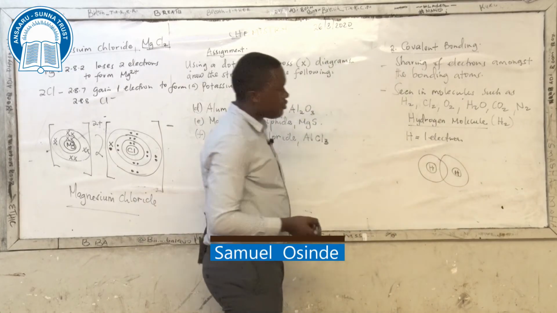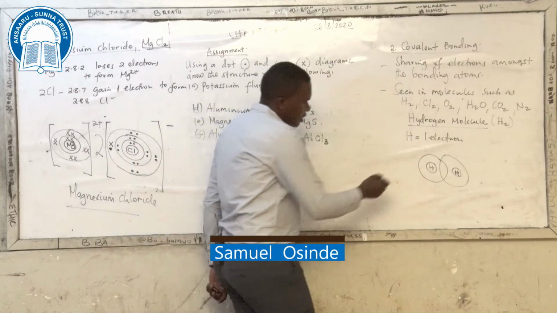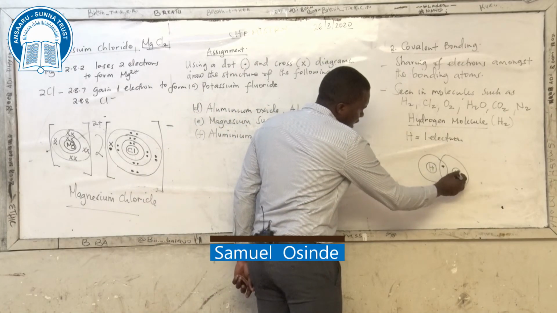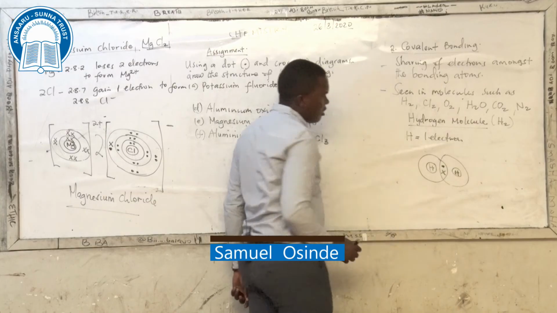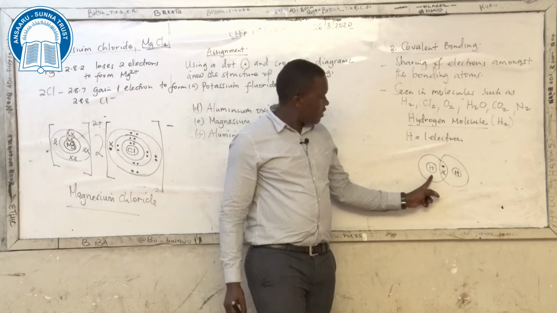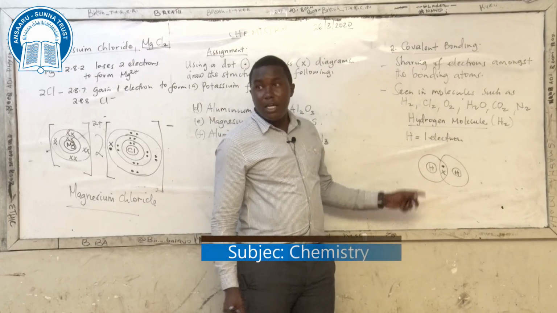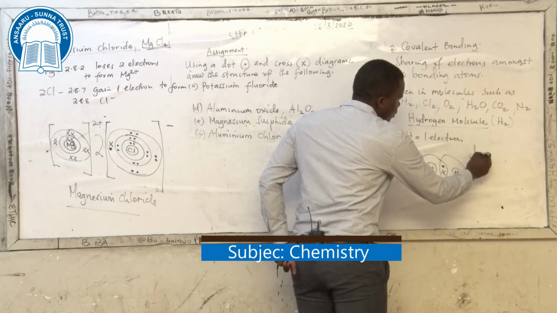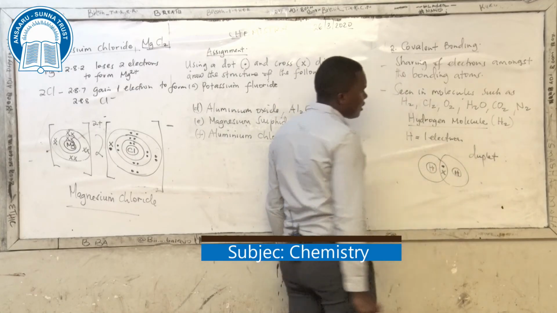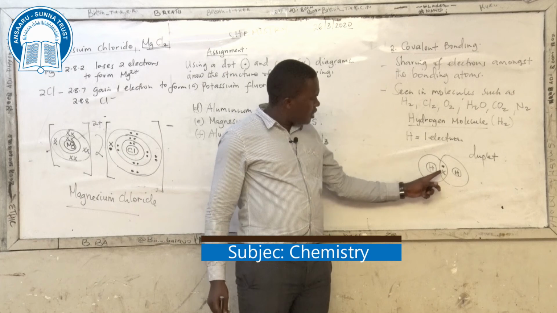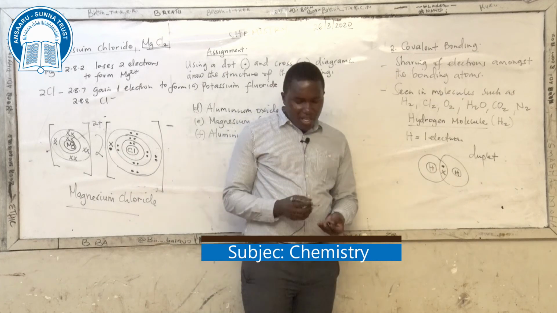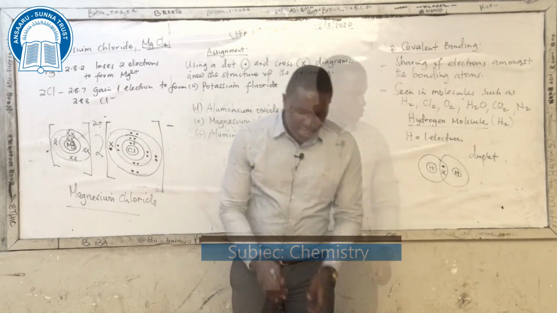So the energy levels will overlap, and this one will give 1, the other will also give 1. So you can see now each of them has an energy level with a duplet configuration. Duplet means 2 electrons. So this one will have 2, this also has 2. So the overlap of the energy levels allows them to share the electrons.